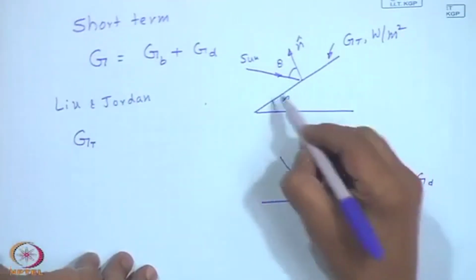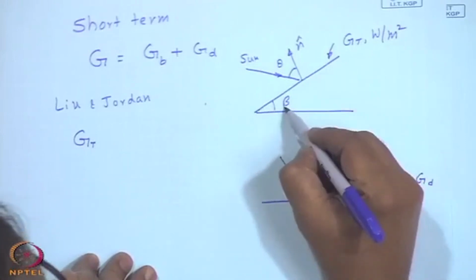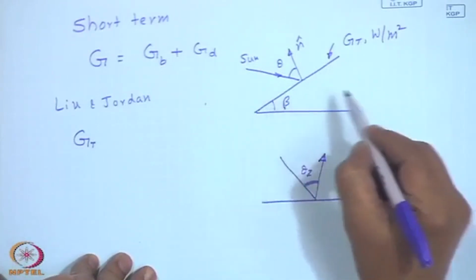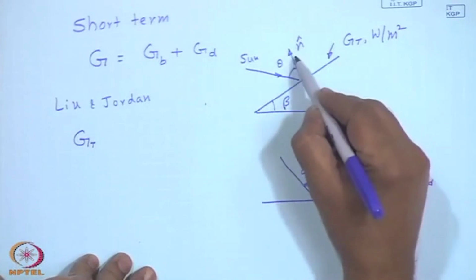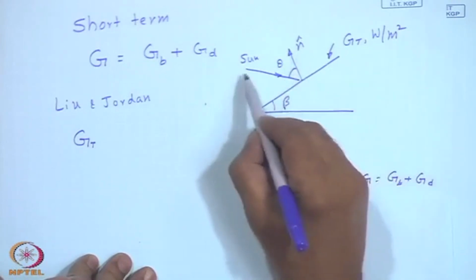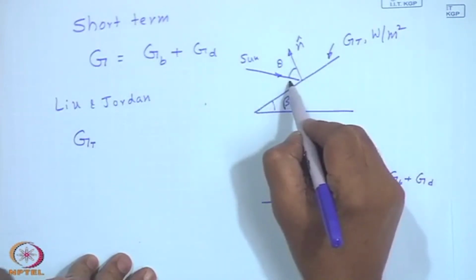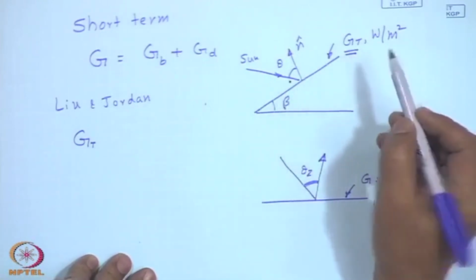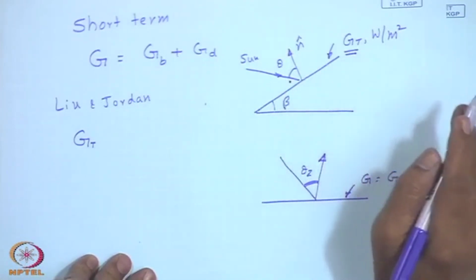So, we have a tilted surface with a slope beta, other descriptions right now are unnecessary, which we will come to later, whose outer normal is n cap, and the sun's rays will make an angle theta in general, and the radiation falling on that is G T, no matter how to calculate that.